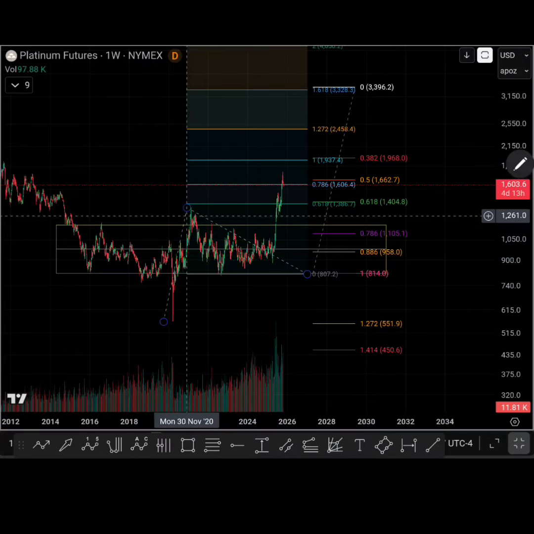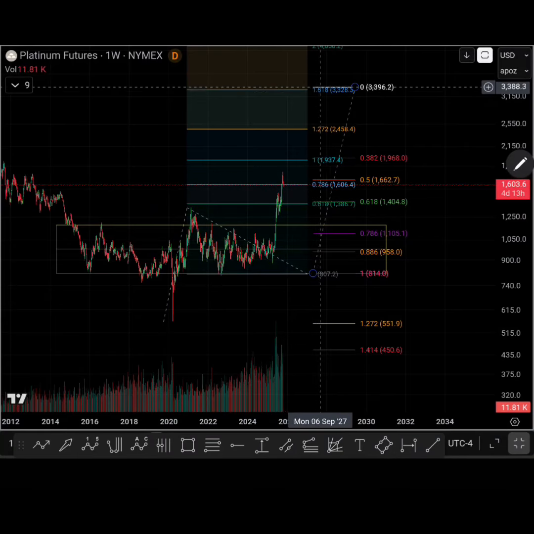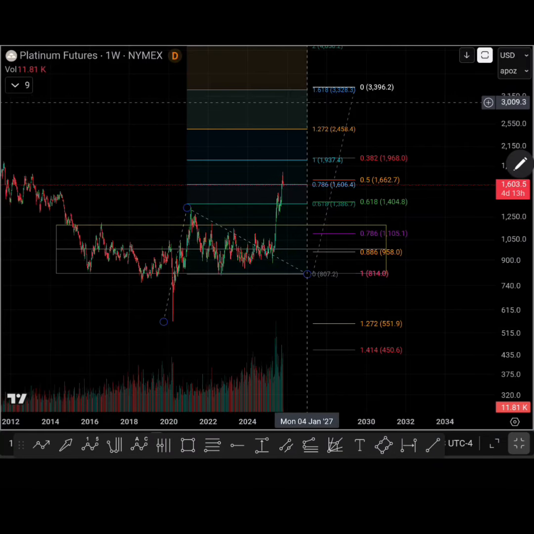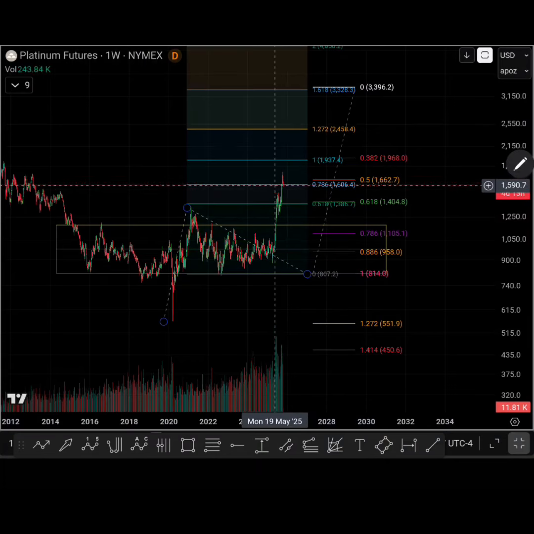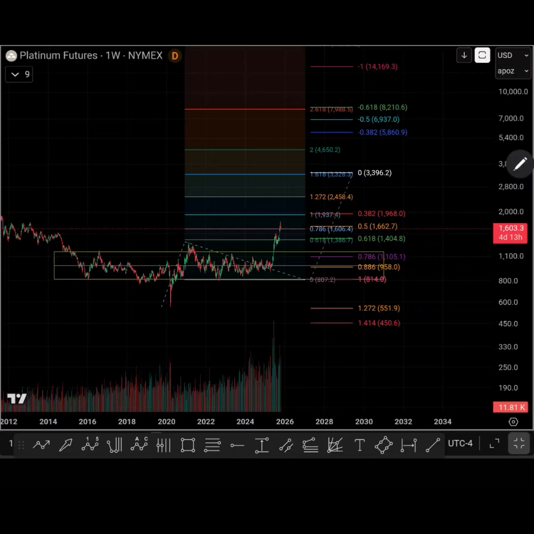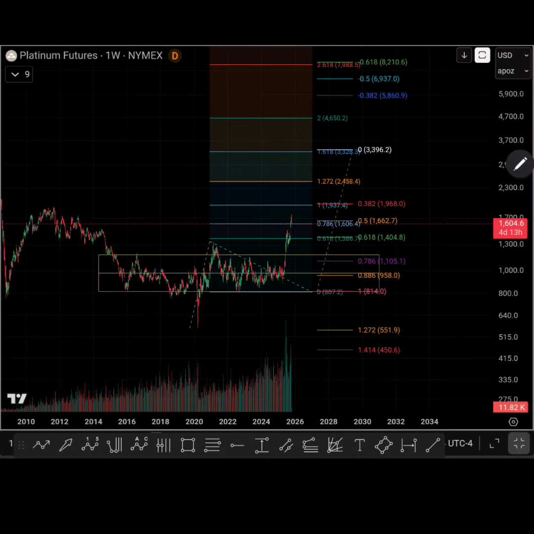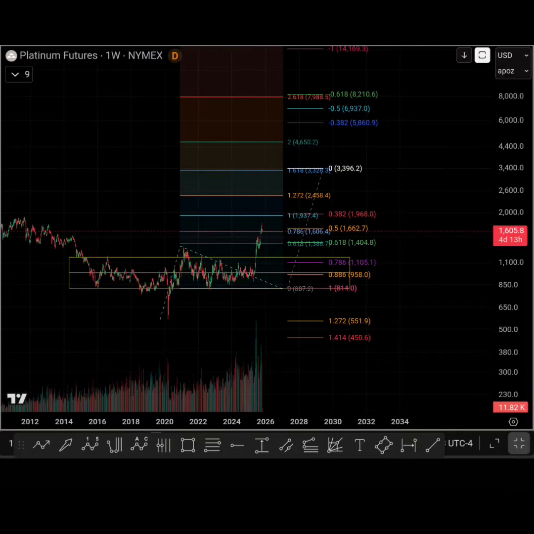If this is wave 1, 2, there would be 1, 2, 3, 4, 5 for wave 3, and then 50% retrace gets you back down to wave 4 of lesser degree, for then a push up to $8,000 on platinum for a 5-wave impulse on that.